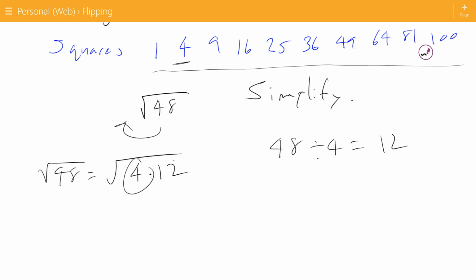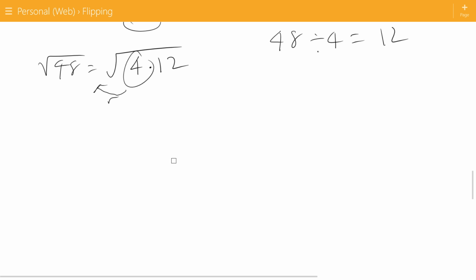Now that I've got this 4 here, which is a square, I'm going to pull it out in front to be a coefficient. When I do that, because it's leaving the radical, I need to take the square root of that. And when I do that, the square root of 4 is 2. So that leaves me with 2 times the square root of 12.